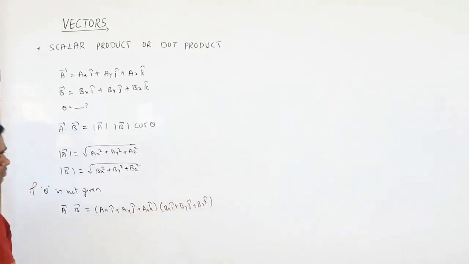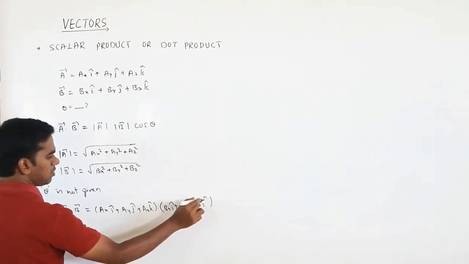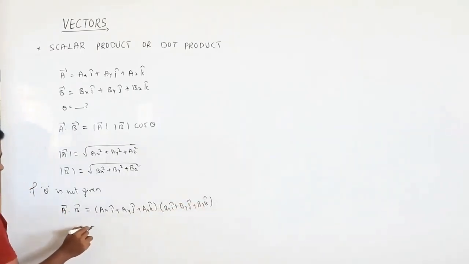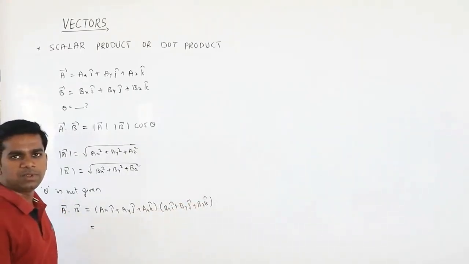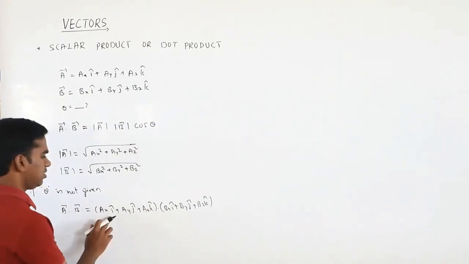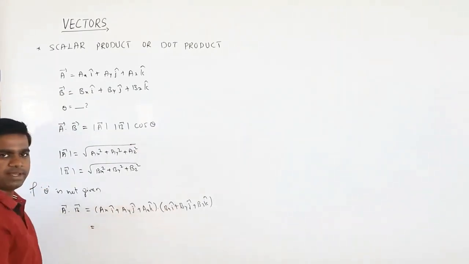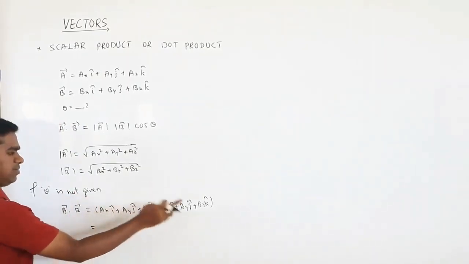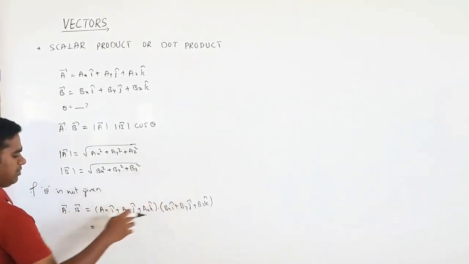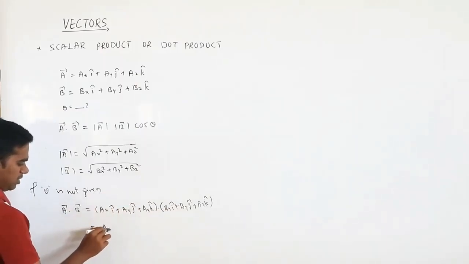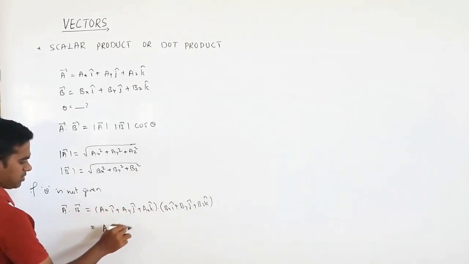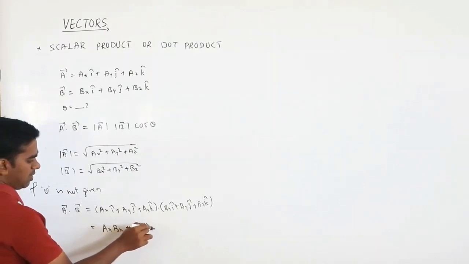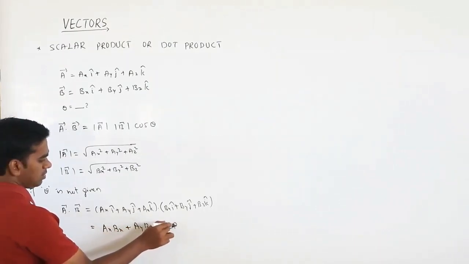So you have to multiply. As we know, when we multiply i with j or k, that will become 0. Only i multiplied with i will be 1, j multiplied with j will be 1, k multiplied with k will be 1. So what we remain with is Ax Bx plus Ay By plus Az Bz.